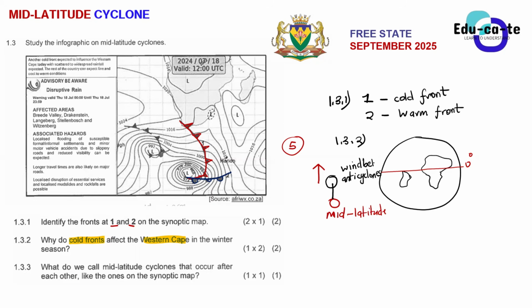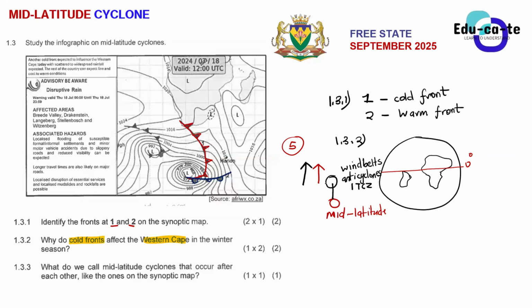You learned in grade 11 that during summer, the westerly wind belts and the anticyclone move upwards with the intertropical convergence zone. If you remember something like that back in the day in grade 11, but basically the wind belts, the anticyclones, and also the ITCZ, all of these things move northwards during winter.